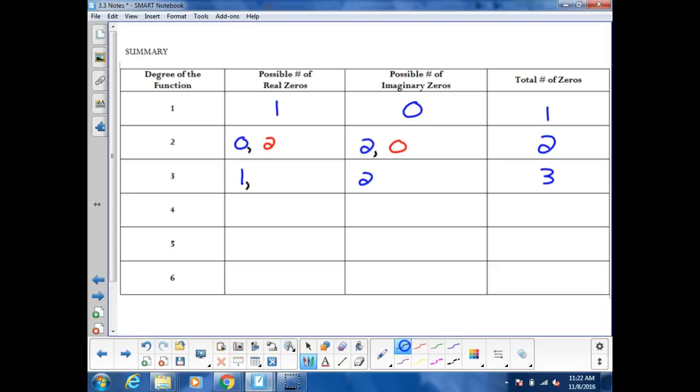Can I have 2 real zeros? But one of them would have to be a double, right? So that one counts as 2. So really then there's 3 real zeros.